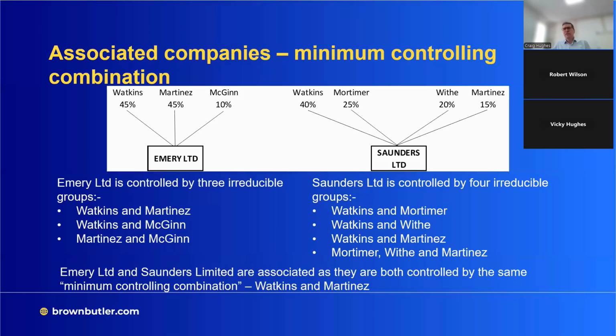And this is where it can get quite complex in terms of looking at clients and other businesses you may have interests in, where there are different combinations of shareholders. There might be some commonality between shareholders, but different combinations in terms of how they hold their shares. So it's important that whenever we're assessing scenarios such as this, we're looking at the minimum controlling combination.